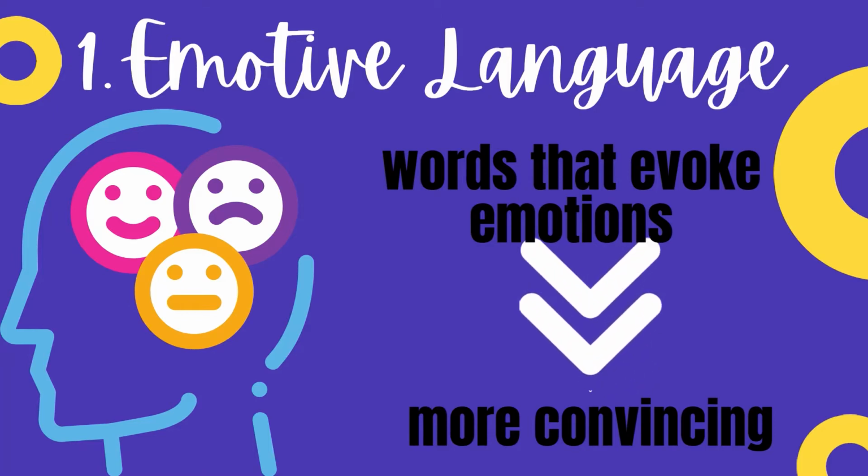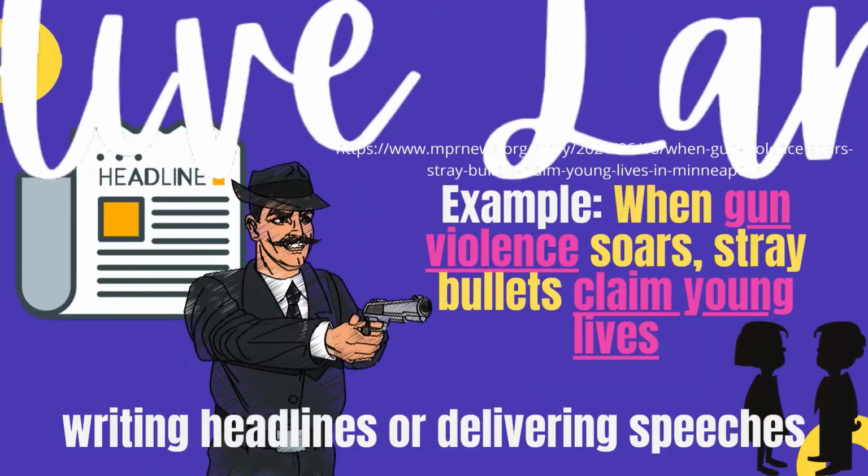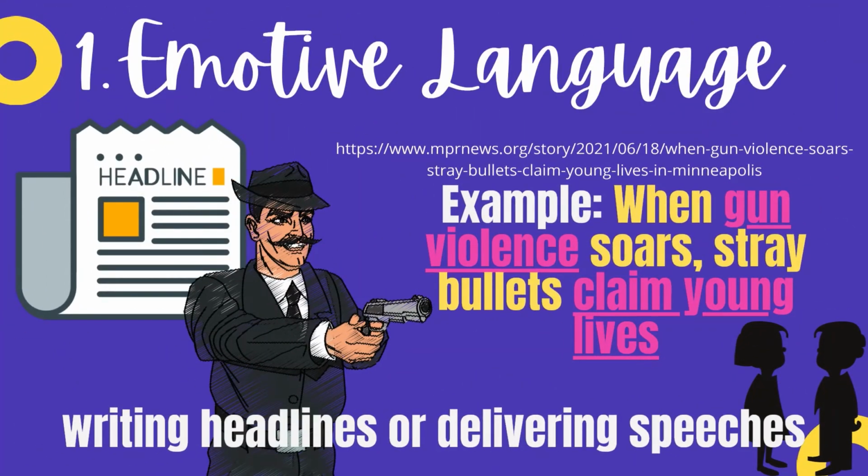This makes the writer sound more convincing. This is a commonly used technique when writing headlines in newspapers or delivering speeches. In the given example, the emotive words are gun violence, claim, and young lives. These words may actually trigger the readers or listeners to respond.